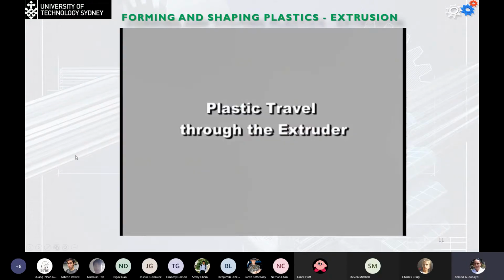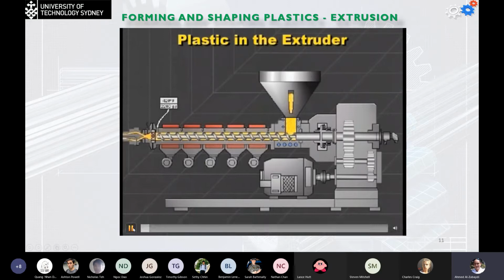So the next video is going to show you how the plastic travels through the extrusion die. It talks about the process, the shape of the screw, the use of the screen at the end, and why we need it. Okay, I'll lower the voice a little bit and play the video again.